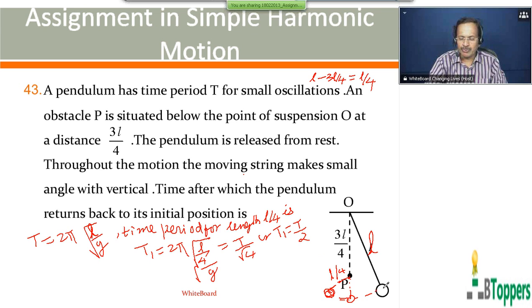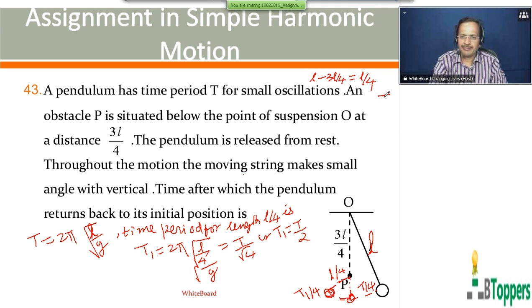The time taken by the bob to move from one of the extreme positions to the mean position is 1/4 of the time period. So the time taken to move from the lowest or mean position to the other extreme position is 1/4 of the time period for length l/4.